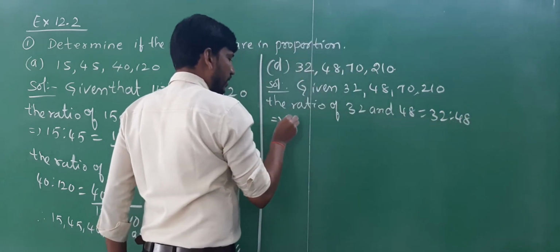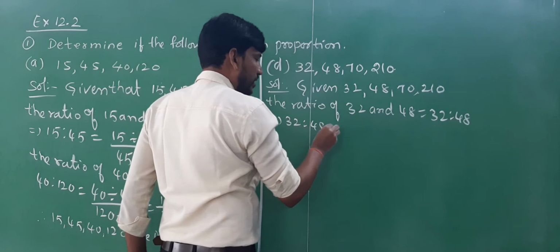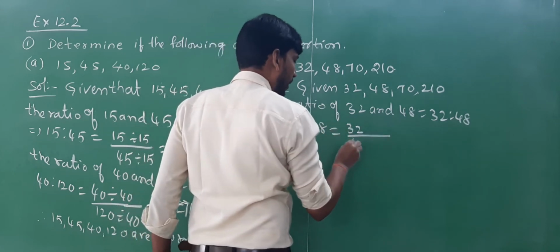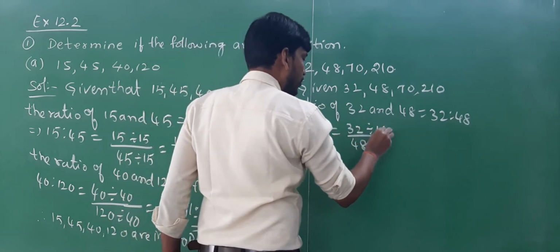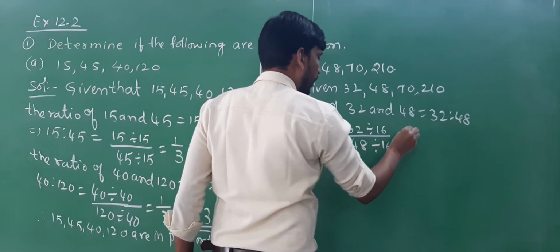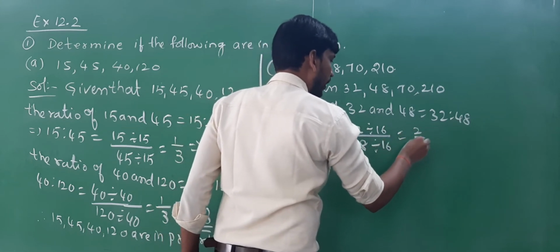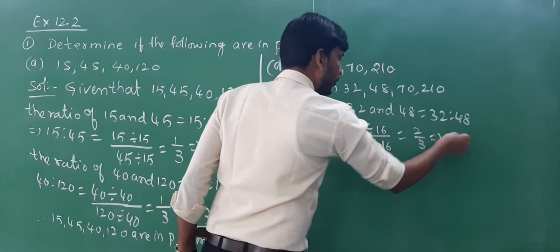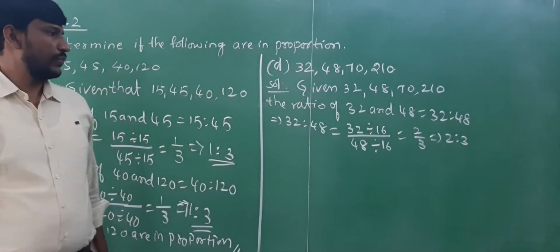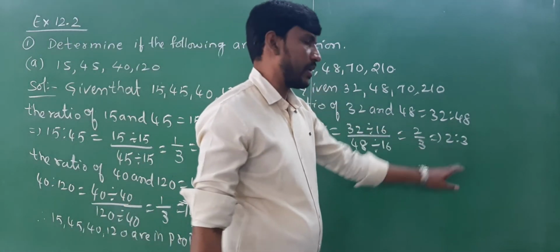So 32:48 is 32 divided by 48, divided with 16 in the numerator and denominator. You will get 2/3, which is 2:3. We got the ratio of 32 and 48 as 2:3.